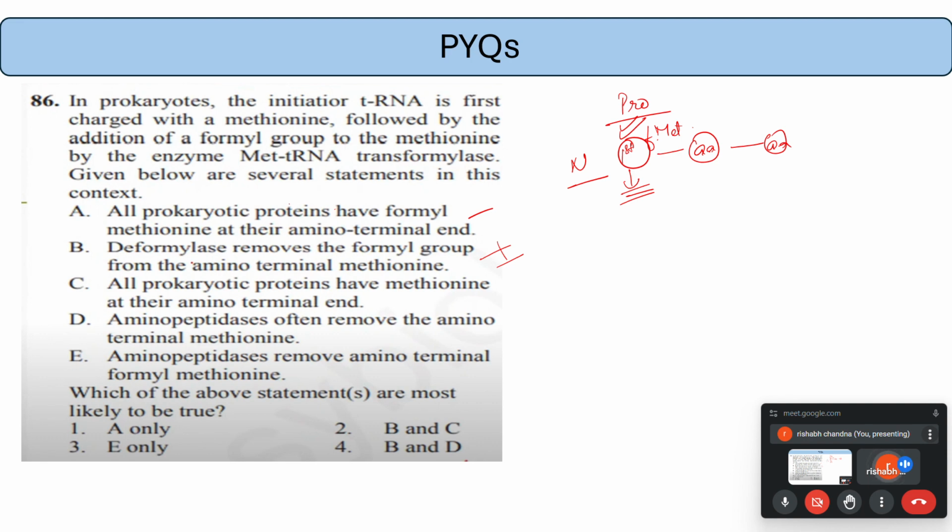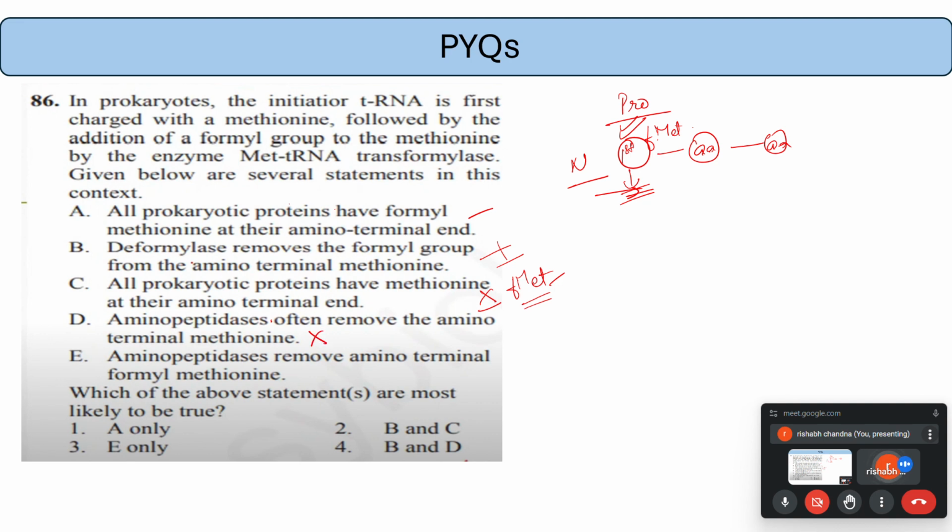All prokaryotic proteins have methionine at their amino terminal end. So this is also not correct because all prokaryotic proteins have formyl methionine at their end. Aminopeptidases often remove the amino terminal methionine. No, aminopeptidases remove amino acids from the N terminal, so it is not specific for methionine. So this can also be false.